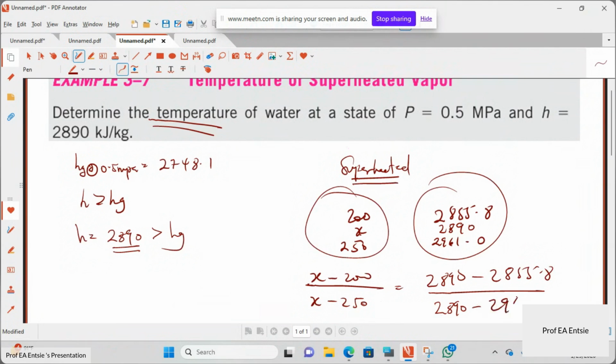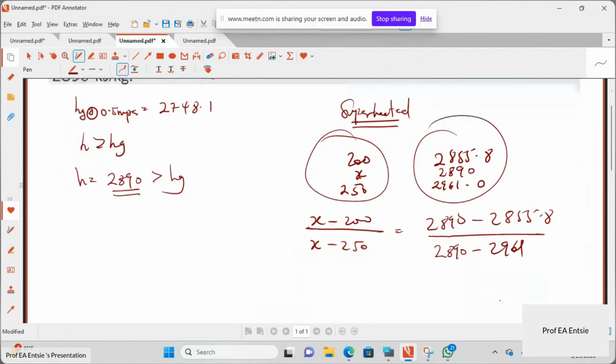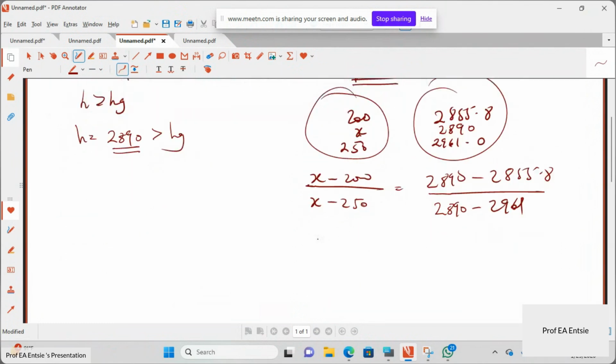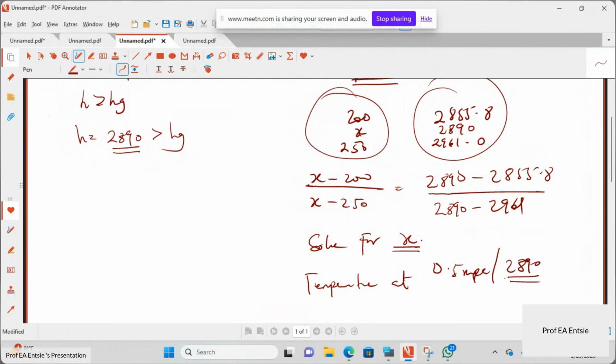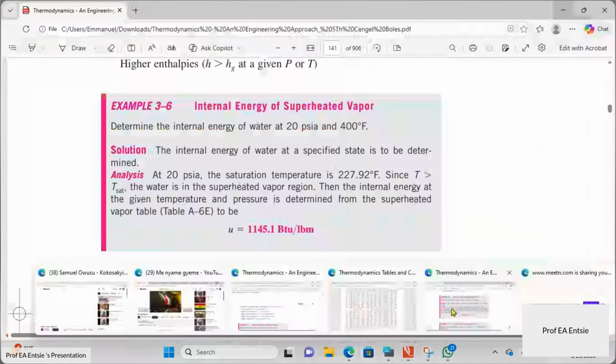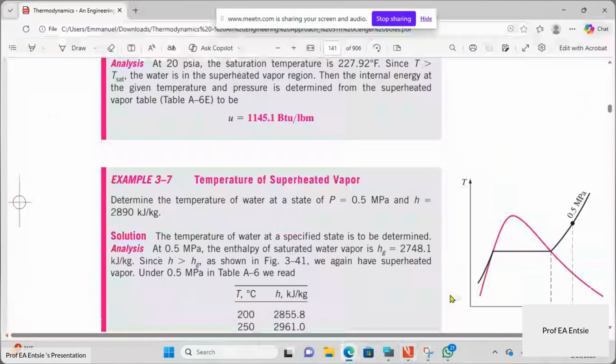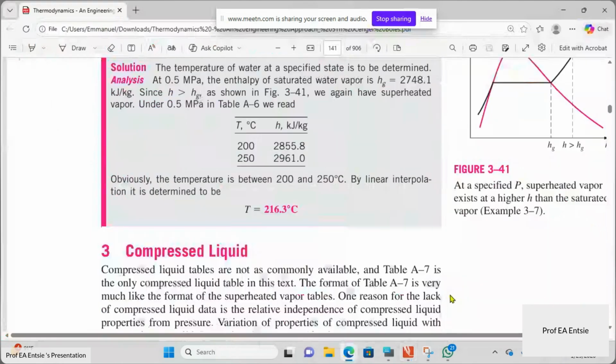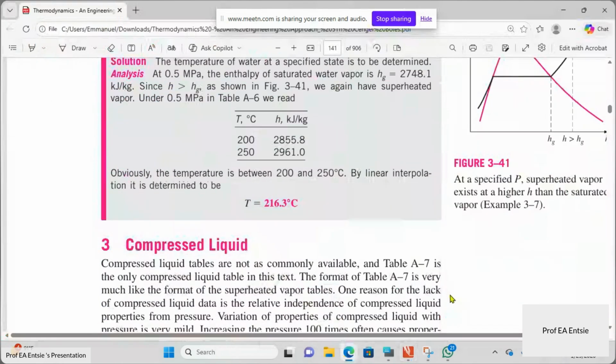So you do this correctly. This is mathematics. You solve for X. So if you solve for X, the X you get is the temperature at that pressure and enthalpy they gave you. Very simple and straightforward. Are you okay? All right, so that's how we go about it. So this is what I said, the interpolation. Then if you find X, this is what you should get. Then you are free to go.